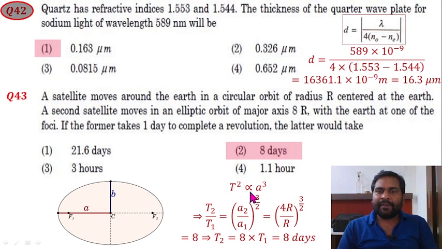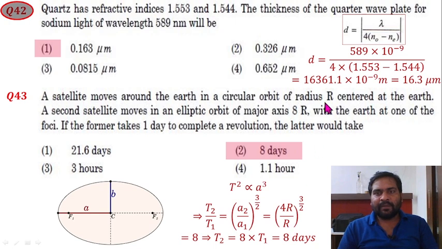Square of the time period is proportional to the cube of the semi-major axis. Semi-major axis means from this distance to this. A is here. For the semi-major axis, 8r divided by 2 equals 4r. Just calculate it, T2 by T1 equals A2 divided by A1 whole raised to power 3 by 2.